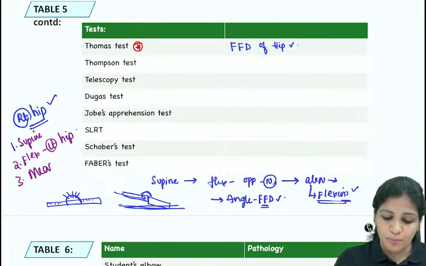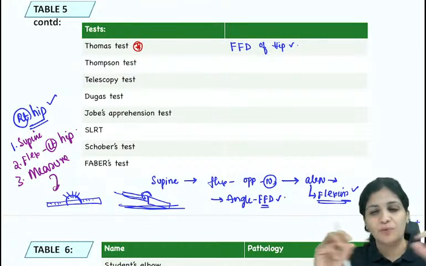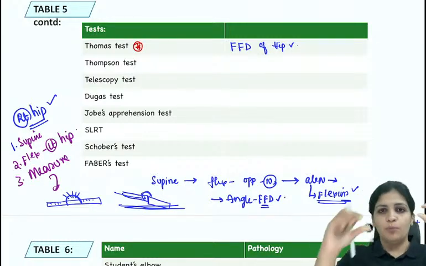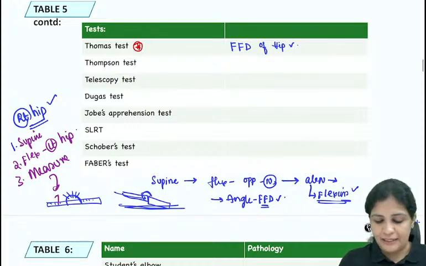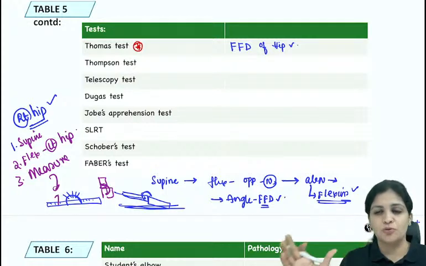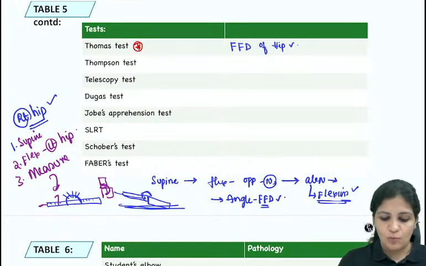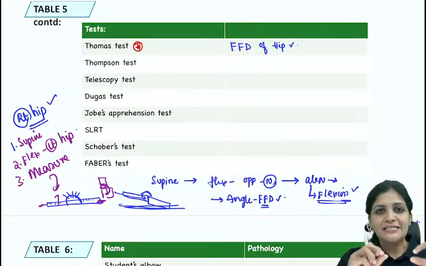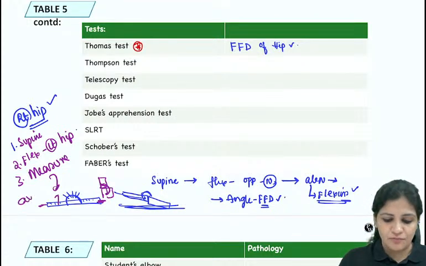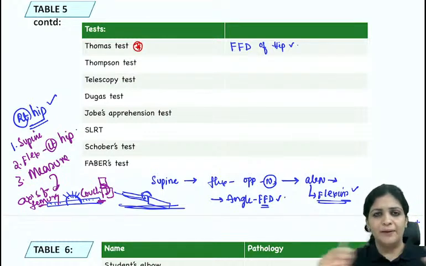Now you measure it with the goniometer. A goniometer is something like a protractor with a scale attached, so that you can move these two limbs. One you can put like this also at 90 degrees, and this goniometer will show that it is 90 degrees. So the angle between the two you can measure with the help of this goniometer. This is called one limb, this is called the second limb. The first limb you will put along the axis of the femur, and the second along the couch, that is the couch or bed where the patient is sleeping.